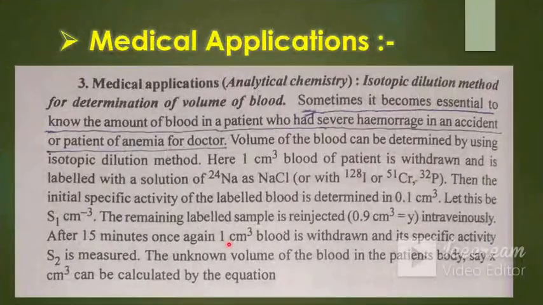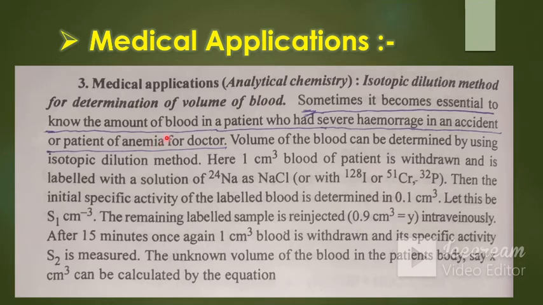Another application, that is medical applications: the isotopic dilution method for determination of volume of blood. Sometimes it becomes essential for the doctor to know the amount of blood in a patient who had severe hemorrhage in an accident, or a patient of anemia.